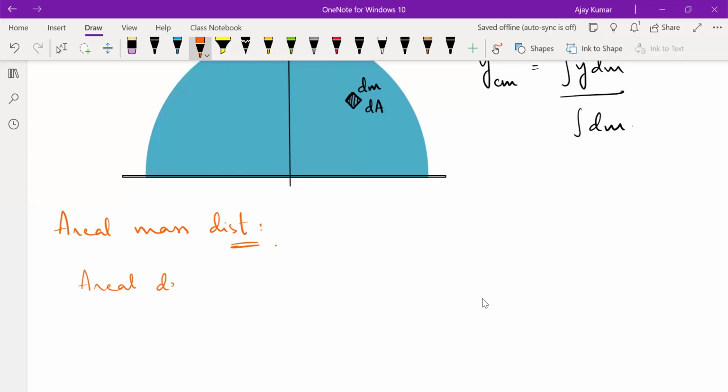For areal distribution, we use areal density, which is denoted by the symbol sigma, which is nothing but mass by area. You can also write it as small mass by small area. Therefore, the small mass dm can be expressed as areal density multiplied with area, sigma into dA. Okay, you'll get used to this, not an issue.